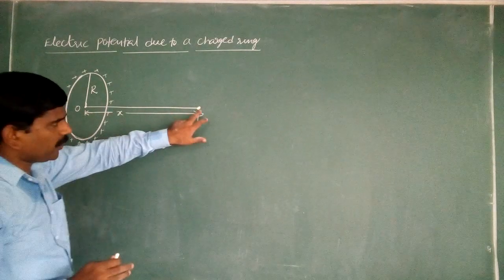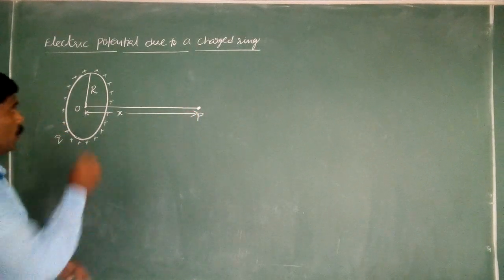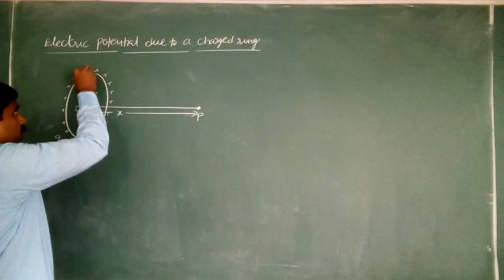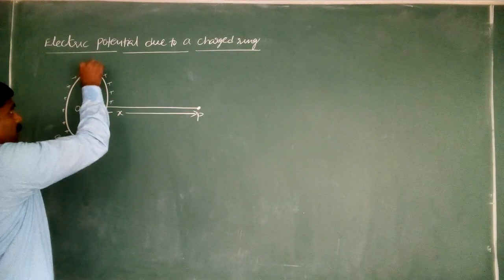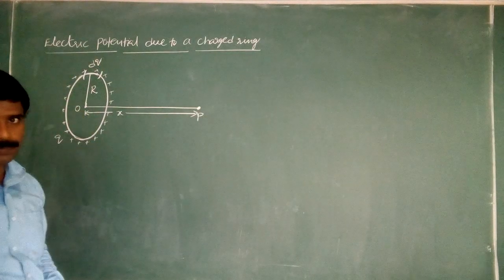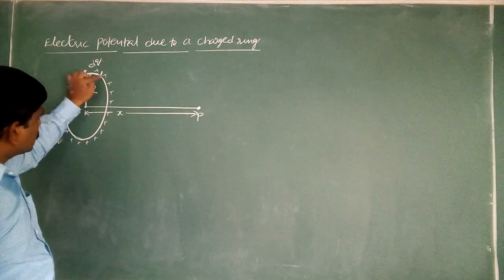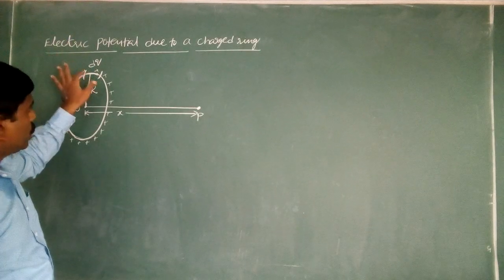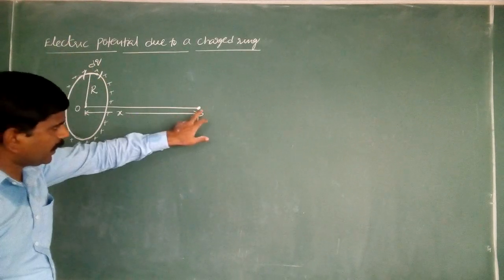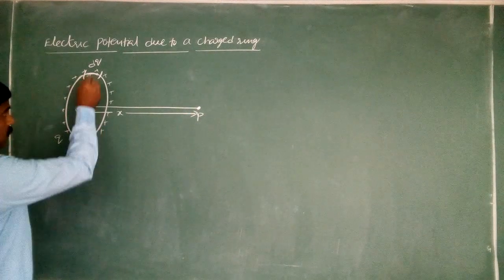To find the potential at point P, we take a small element on the ring, having a small charge dq. Due to this charge, what is the electric potential at point P?